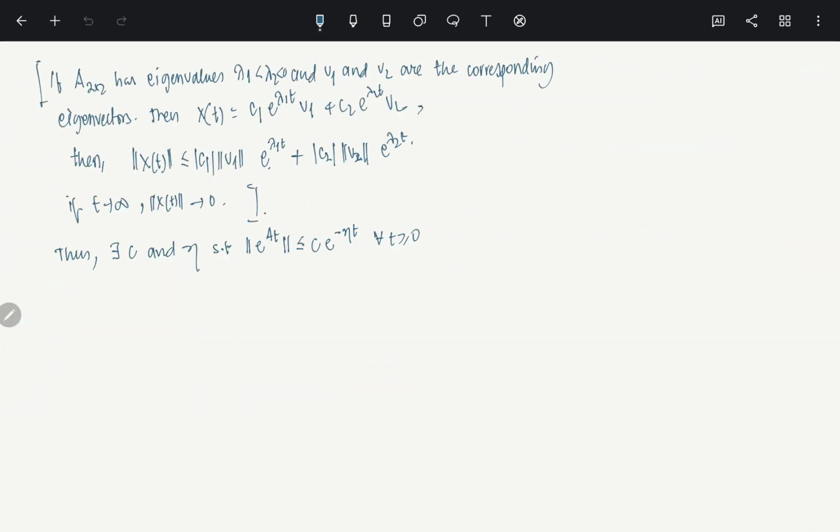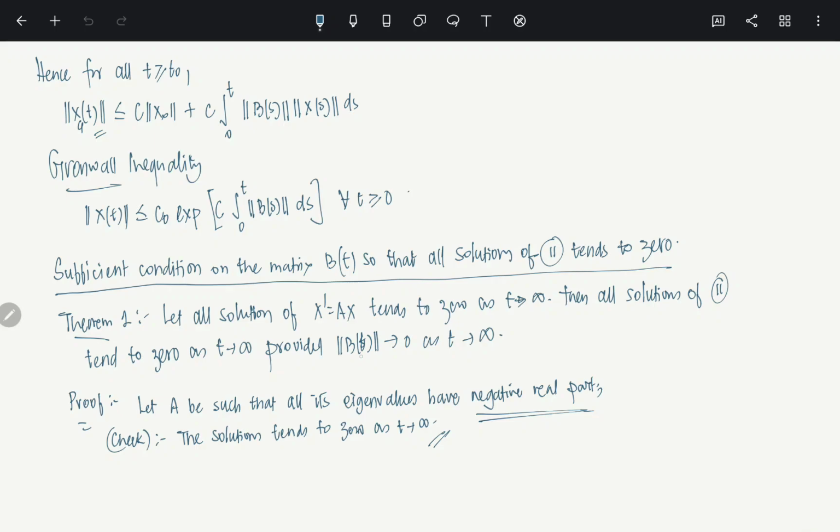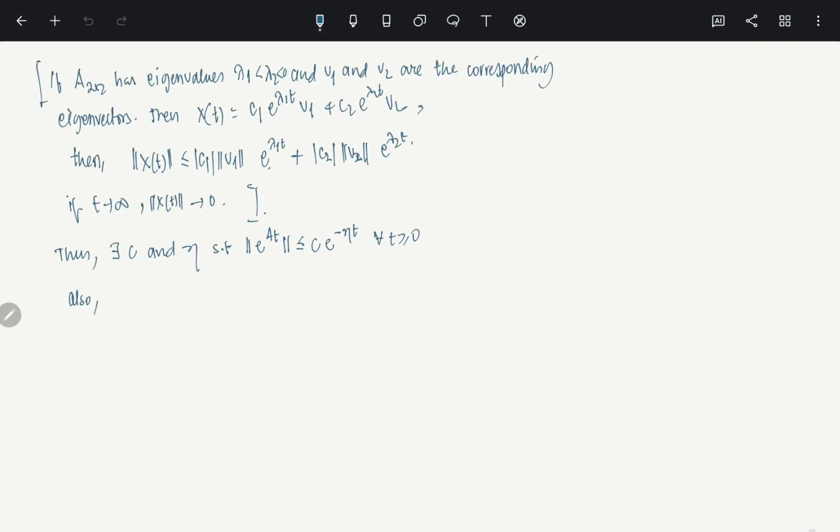Is this clear? Now also, B of t goes to 0 as t tends to infinity. What does it mean? It means that for t greater than or equal to, let's call it t1, the norm of B of t is bounded by some c1.